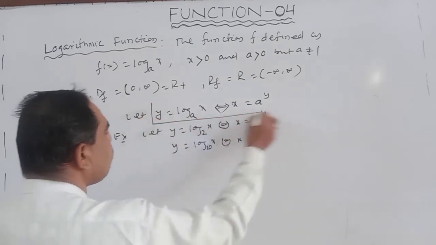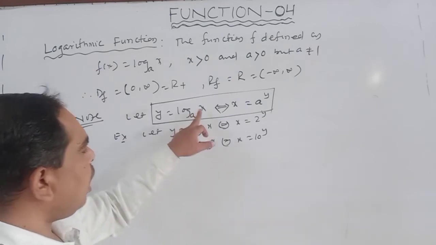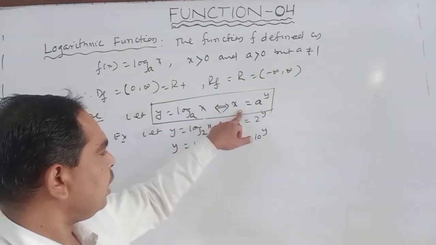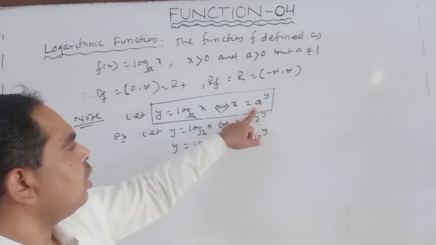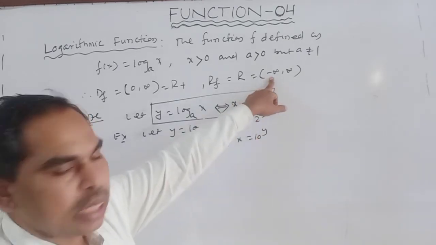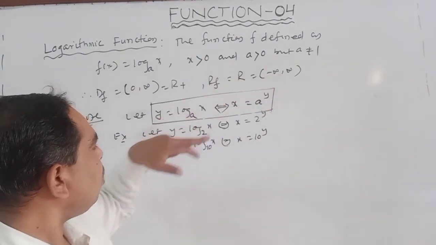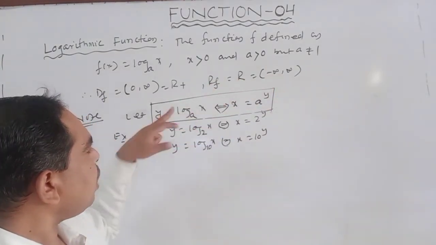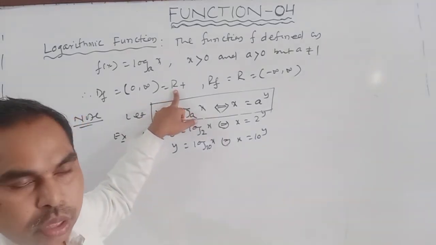So very important: our domain, their range, our range, their domain. Domain of exponential function is the range of logarithm function, and range of exponential function is equal to domain of logarithm function. So they are opposite to each other.